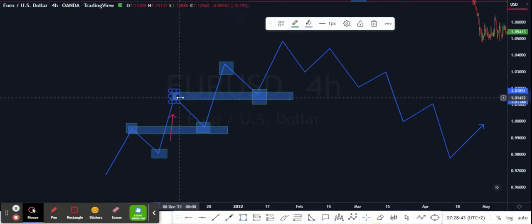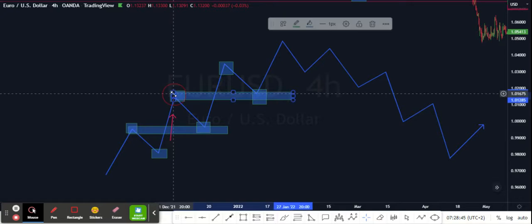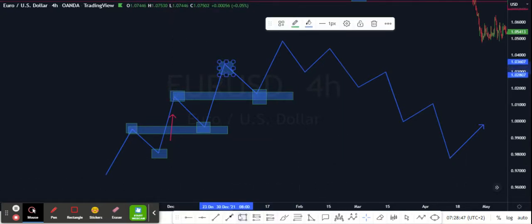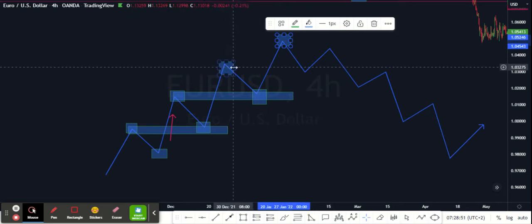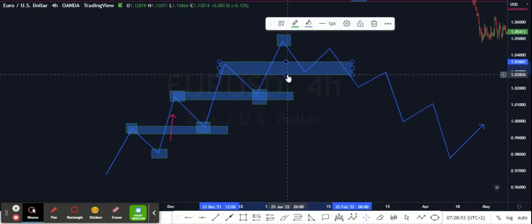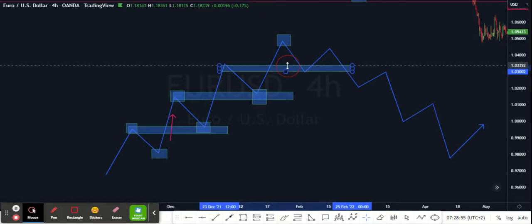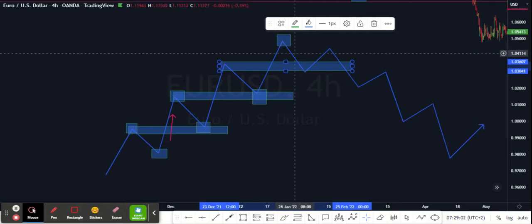So this is higher high, higher high, higher high. And then we go to the next swing here and we can draw it like this. And you notice that still right here, we're noticing a higher high and then a higher low again.